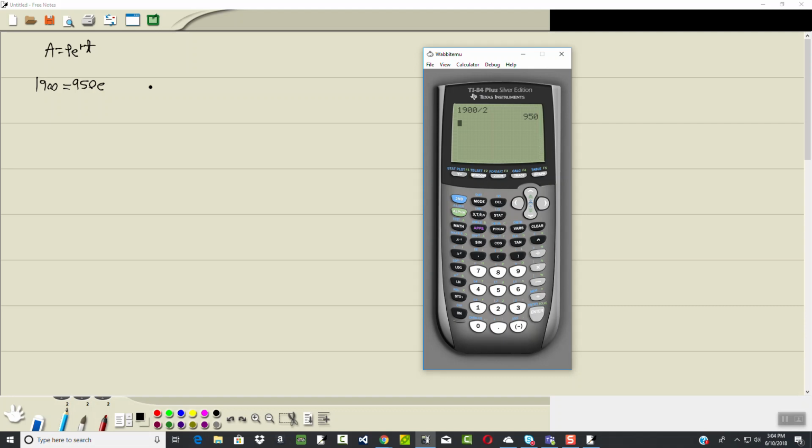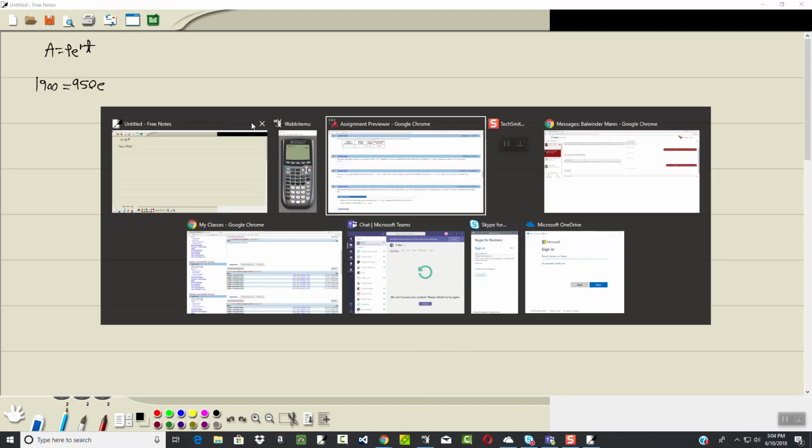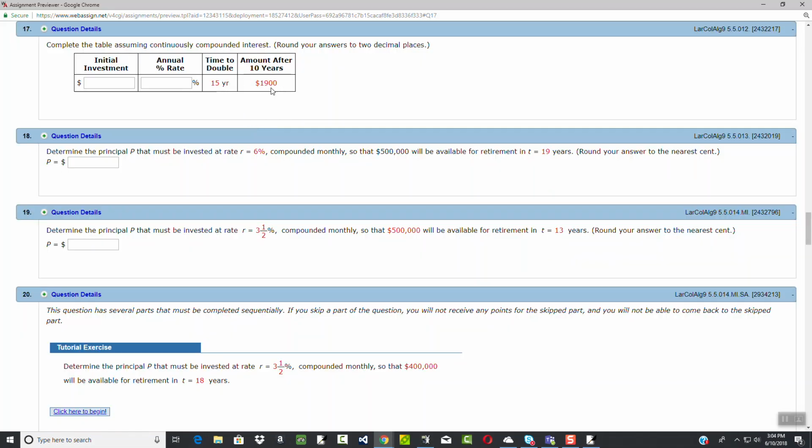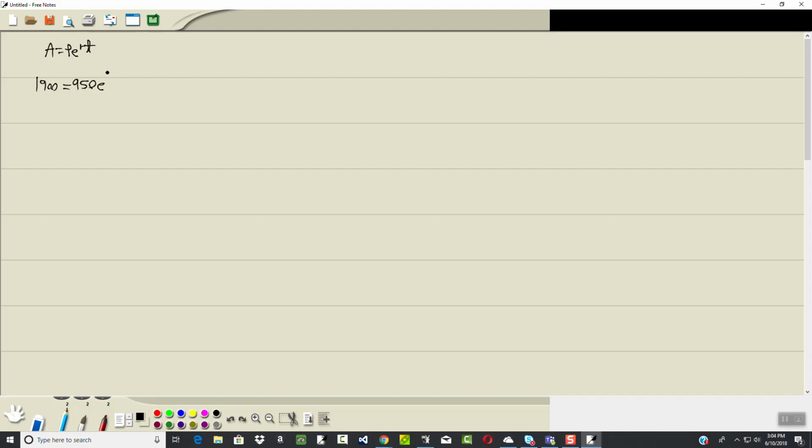E, and then time is 15 years, so r times 15. Okay, so I'll divide both sides by 950. When I do that, that gives us 2 equals e to the 15r.